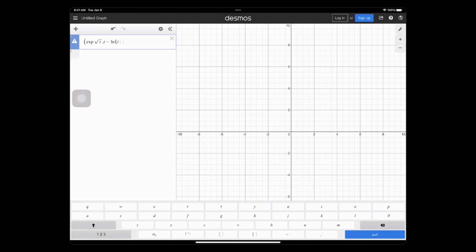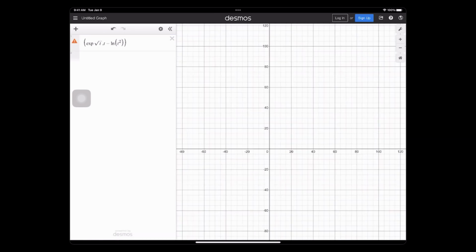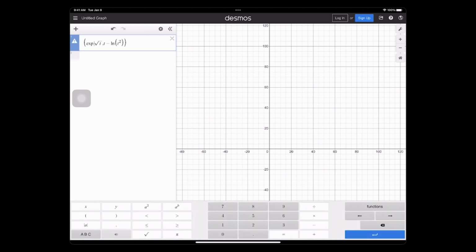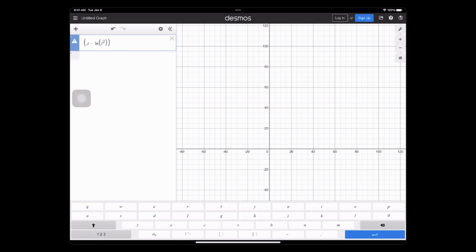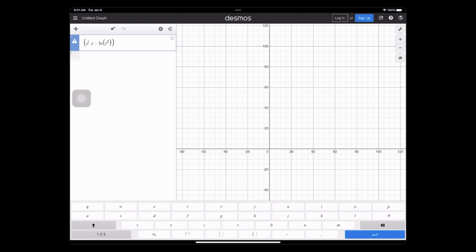T squared. What does it mean? Maybe it doesn't like my input. Who knows? Let's find out. Where's your e? I'll do it this way: e raised to the t, square root of t.